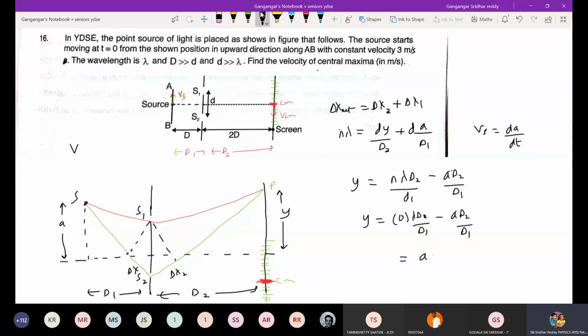So this is equal to minus a d2 by d1. I'll differentiate this: dy by dt is what? Velocity of the central maxima. Then dA by dt, velocity of the source, with a negative sign, times d2 by d1.